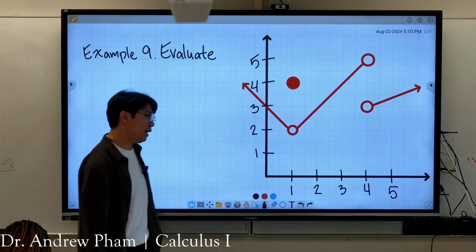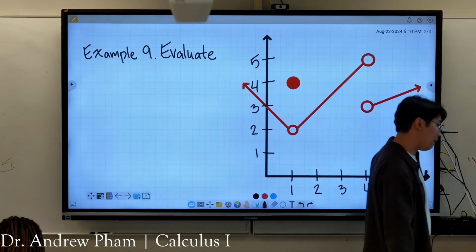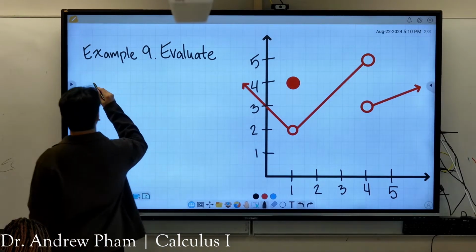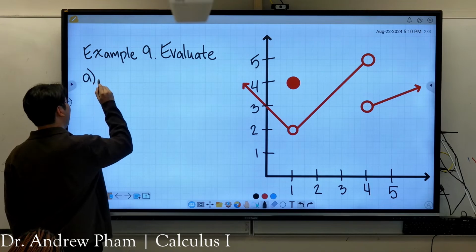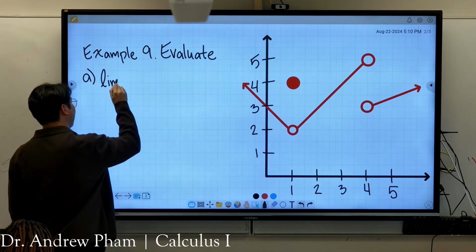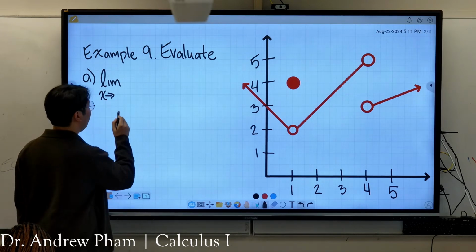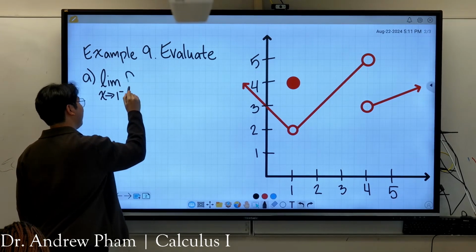So I'm going to go ahead and ask for 6 expressions. I'm going to write down parts A, B, and C first. Starting off with the limit as x approaches 1 from the left.